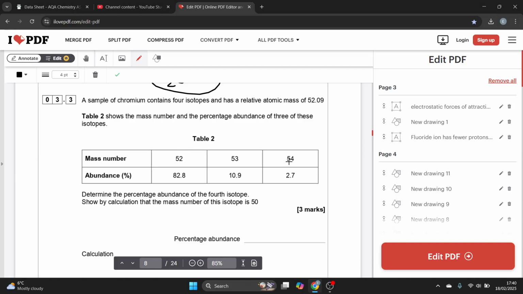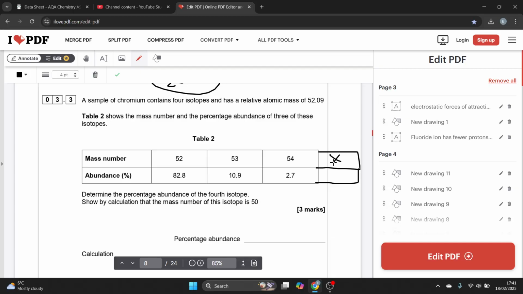Determine the percentage abundance of the fourth isotope. So, I'm trying to show by calculation that the mass number is 50. Well, let that be equal to x.